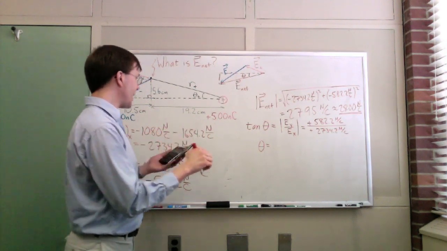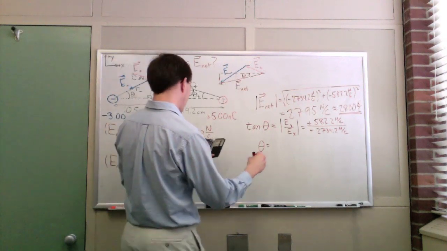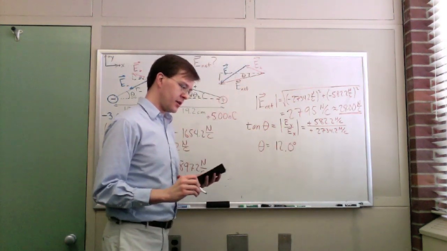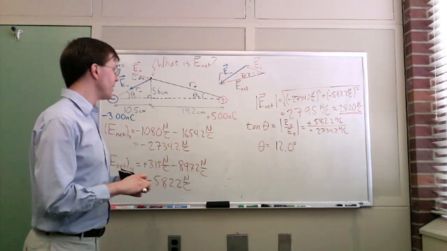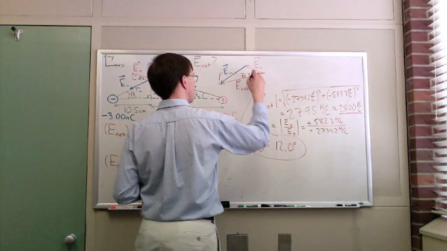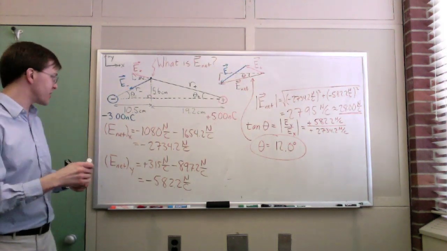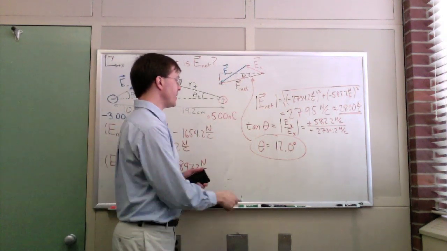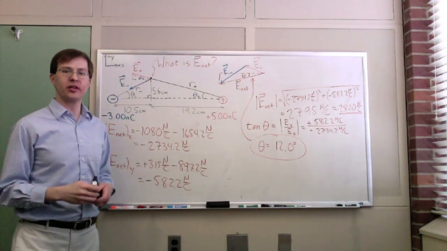Inverse tangent, I get 12.0 degrees, and that gives me my results. That gives me my angle down from horizontal, as shown in the picture, and it tells me magnitude and direction. So I can either specify my final answer in terms of the net x and y, or I can specify it in terms of the magnitude and the angle. Either way, we've done the complete calculation.